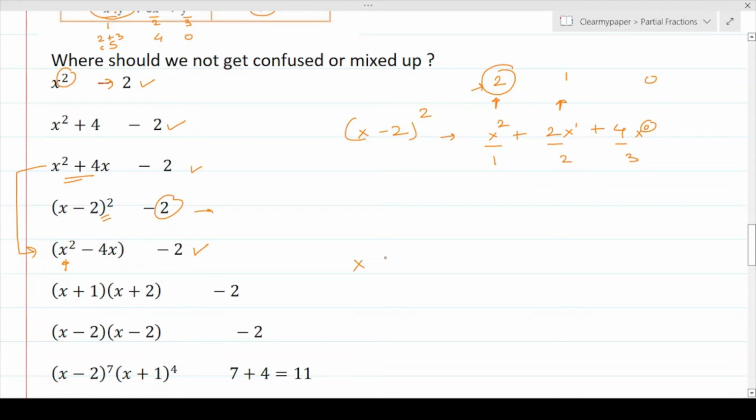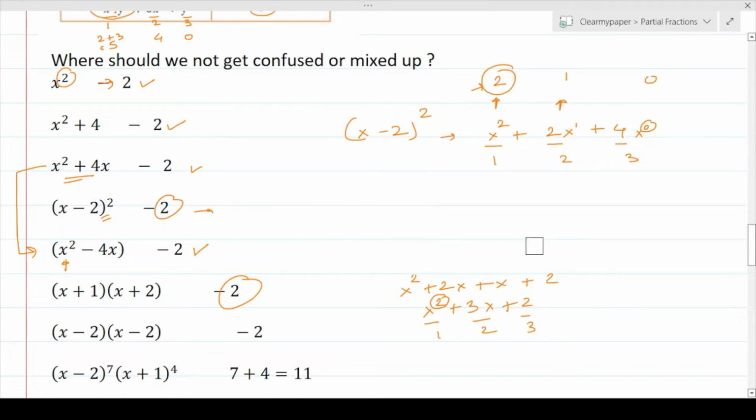If you expand this, it will become x square plus 2x plus x plus 2, which will be x square plus 3x plus 2. Now we have three terms here, and we know the first term has the highest degree, and hence the degree is 2. That's how it is, right?